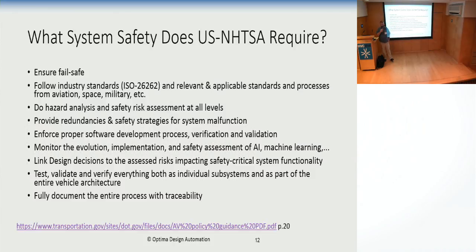I didn't find a good way to make this interesting to read, but basically what the US government is asking manufacturers to show is that they have fail-safe, that even if something fails, they have a way to control it and handle it and not just randomly crash. Then, are you following industry standards? Again, this is the best known method, so can you show that you are following the standards? Are you doing hazard analysis and safety risk assessment?